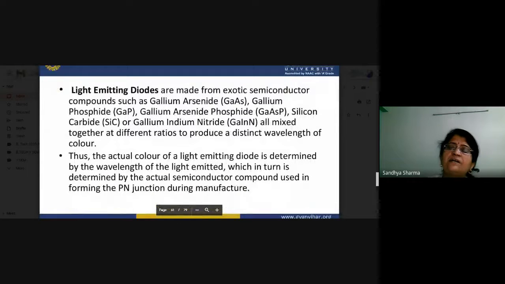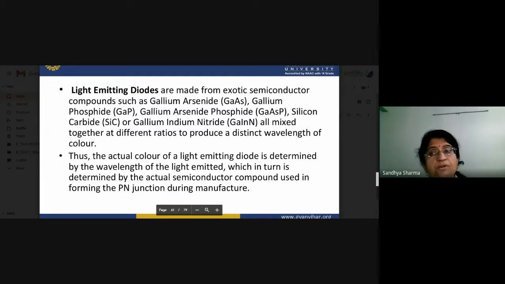Now, what type of materials are we using for making a light emitting diode? That is gallium arsenide, gallium phosphide, gallium arsenide phosphide, gallium carbide, or gallium indium nitride, all mixed together at different ratios to produce a distinct wavelength of color. The actual color of a light emitting diode is determined by the wavelength of light emitted.